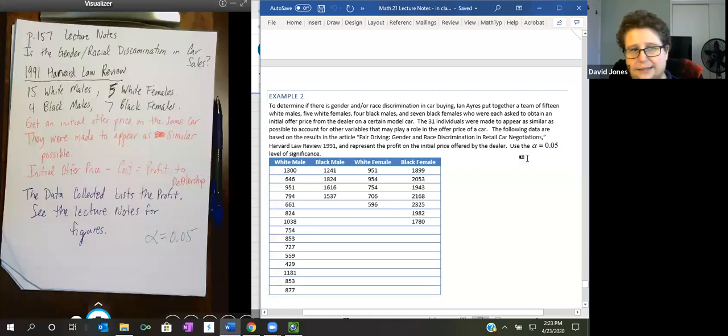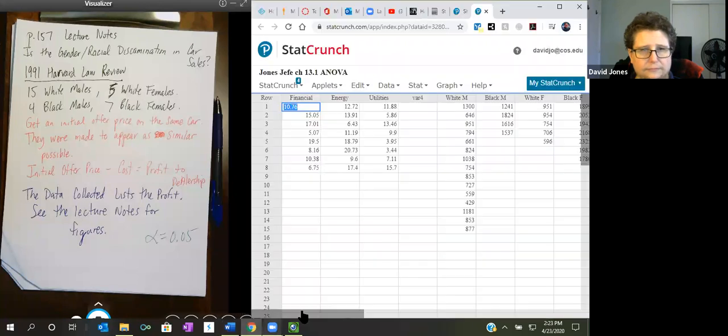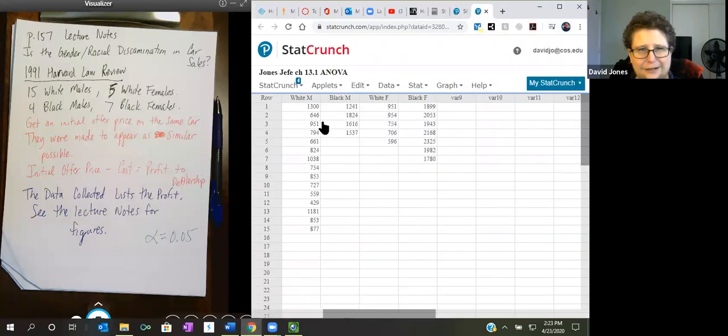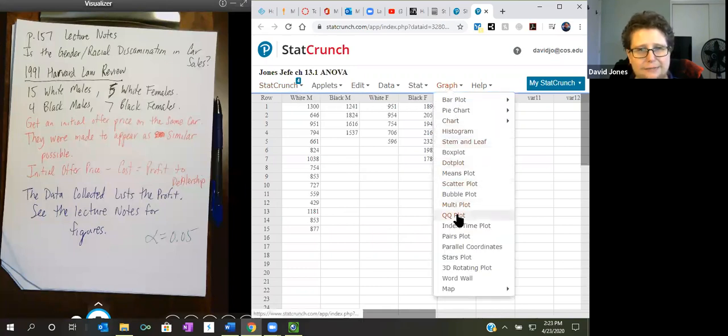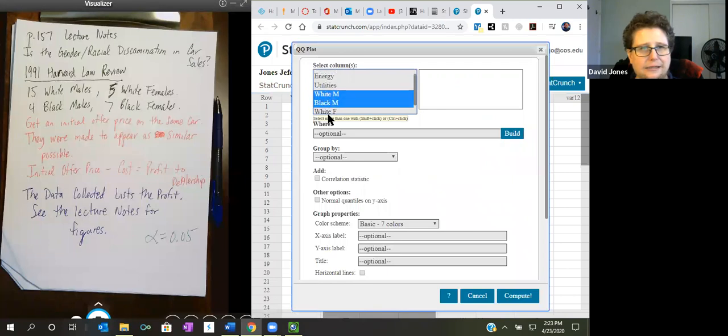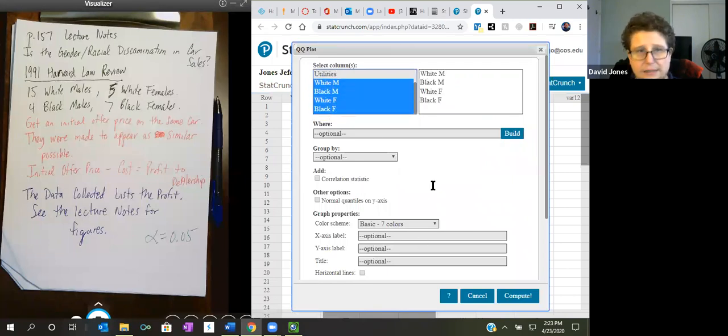So let's check this. I have that data right here. Let's check our QQ plots, see what we come up with. Did they actually say whether or not they were normally distributed?